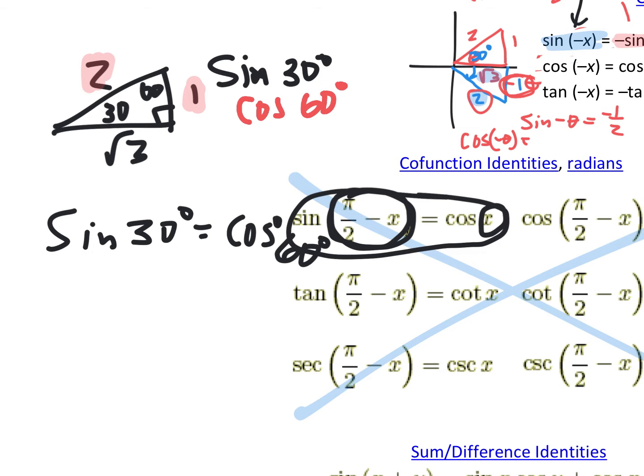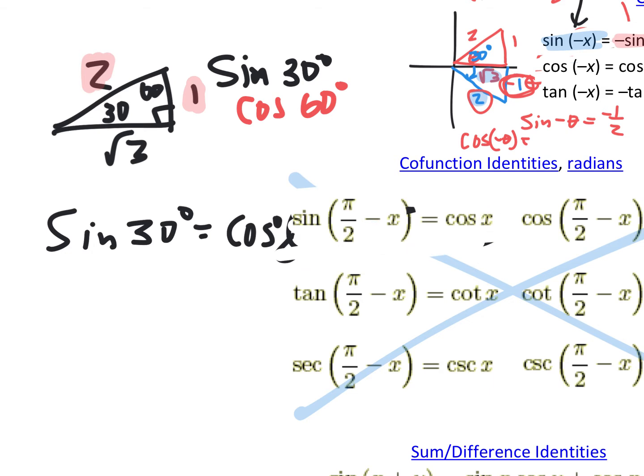Cosine of 60 would still be 1/2, wouldn't it? So this is just an official way to say that these two angles, let me highlight them, here and here, when you add those together, you get pi over 2. They add up to 90.